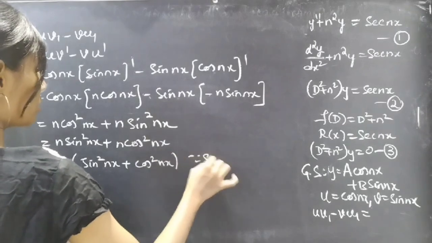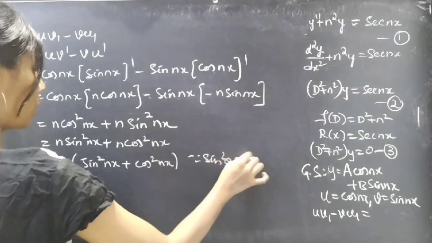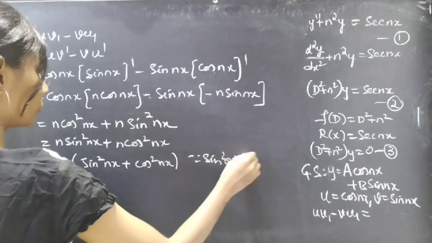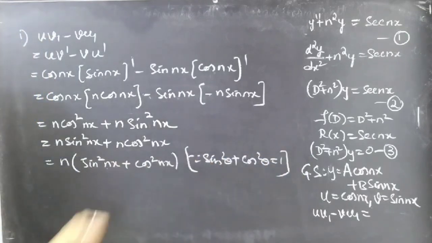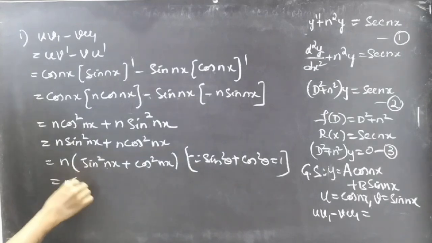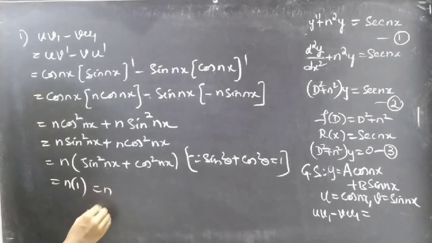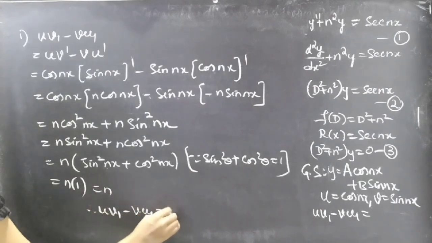Since we know that sin square theta plus cos square theta equals 1, we can replace sin square nx plus cos square nx with 1. We'll get n into 1 is n. Therefore, uv1 minus v1 equals n.